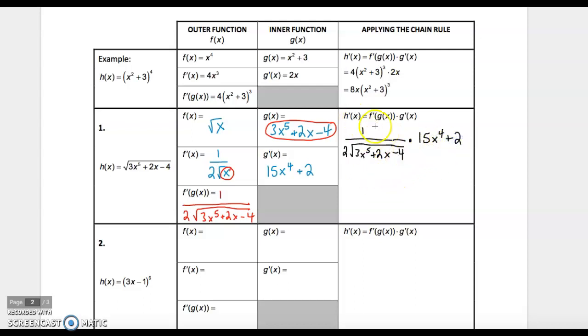If we simplify it, the only thing I think we can do is put that 15x to the 4th on top. So 15x to the 4th plus 2, all over 2 square root of 3x to the 5th plus 2x minus 4.